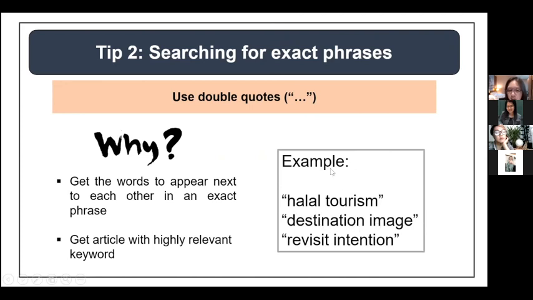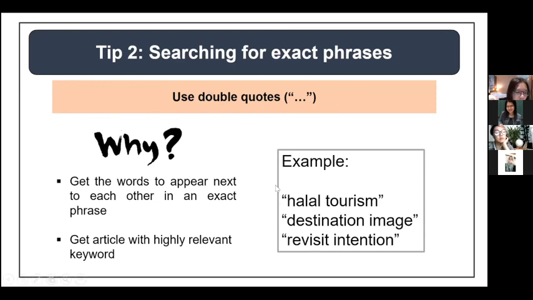Without the double quotation, I will get articles with the word destination and also some articles about image. In the end, the articles that I found might not be relevant to destination image, because the word image can be price image, can be country image. So if you want to get more relevant articles, make sure you include the double quote.